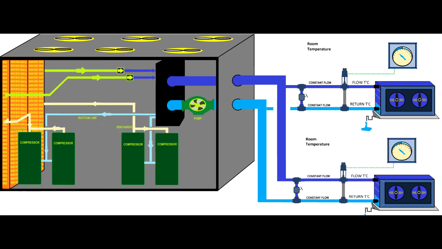So how does this system work? The chiller uses refrigerant, and those familiar with the refrigeration process know that the compressors are pushing hot gas via the discharge. You'll see the hot gas line, these white colored pipes.